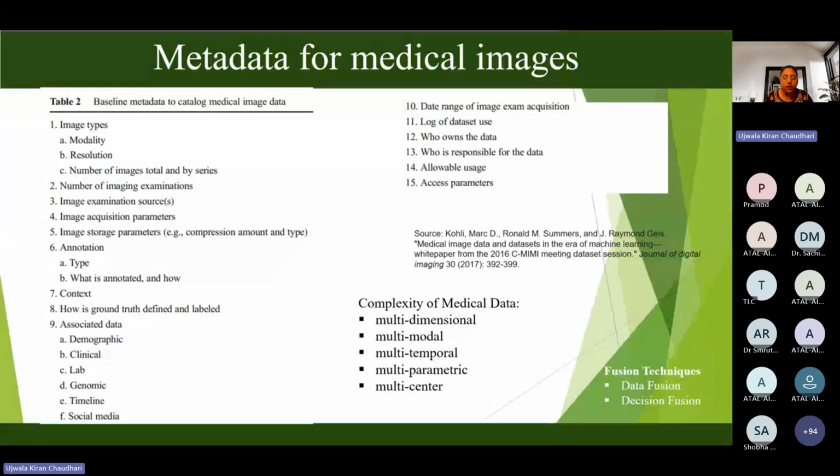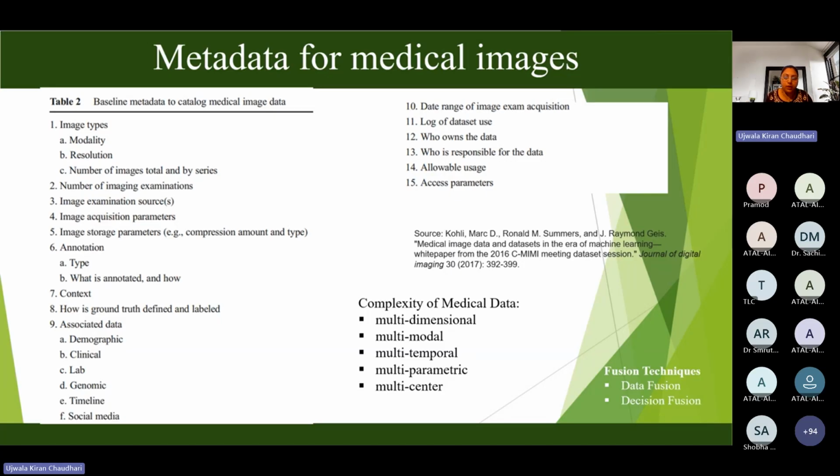Eventually it's a huge amount of data you need to analyze. As a researcher, to build a foundation model, data from one hospital or one center will not be sufficient, because then it can be said that it's not a generalized model. To make it generalized, you may need to collect data from multiple centers.